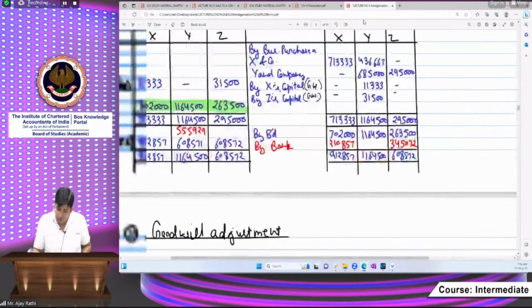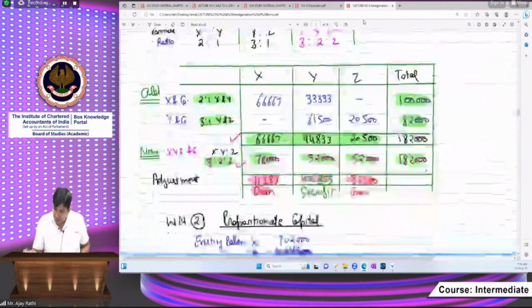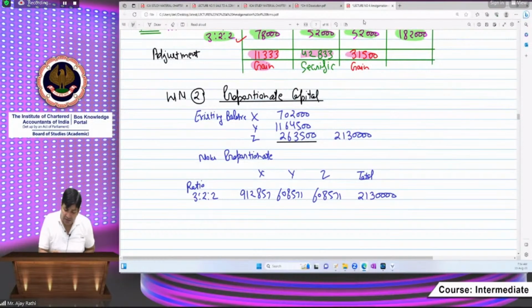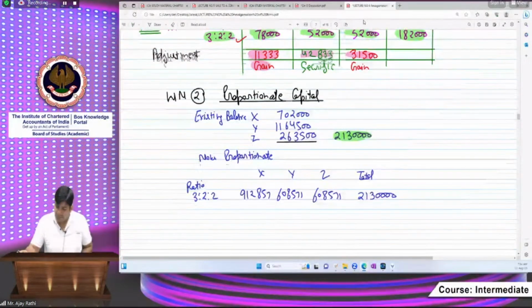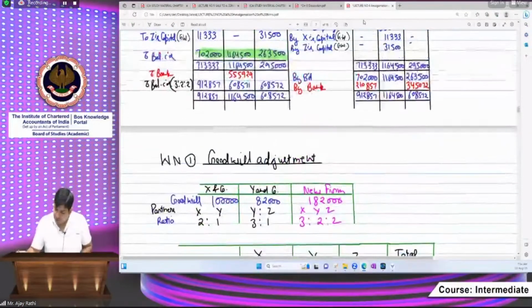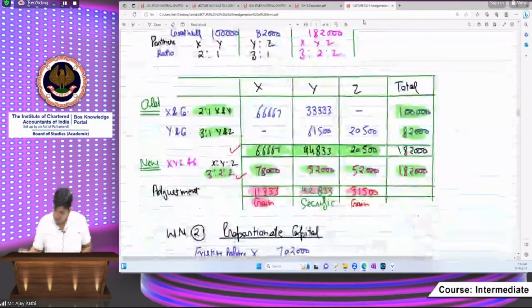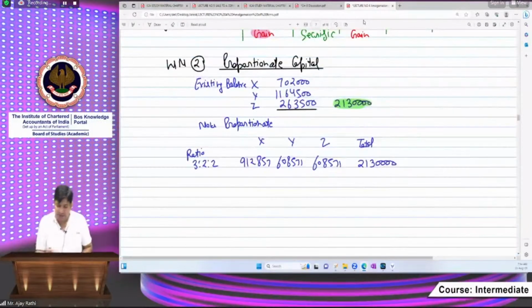So is there any requirement in the question, on the basis of which partner's capital is fixed? No, the question has not given any. It means the existing balance we have is the total. Sir, how have such balances come? Beta, we have done all the adjustments here and such balances are there which we have in total now. Okay, beta. So we have such balances and we found such a figure, and that has to be distributed among the new partners.